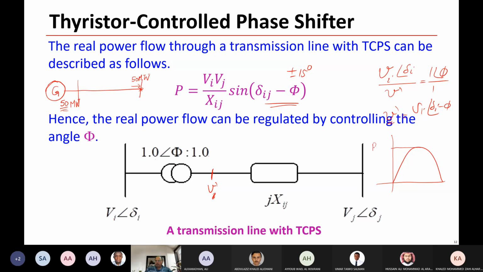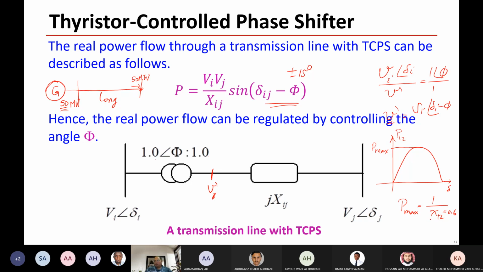This power transfer, Pmax, right? Yes. P12. This is delta. The Pmax equals what? The Pmax in general is over 1 over x12, right? Yes. So maybe this x12, due to this long transmission line, you have very high x here. Let us say x equal to, for example, 0.8 or 0.6.